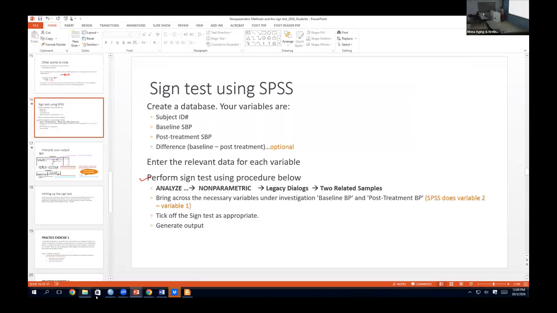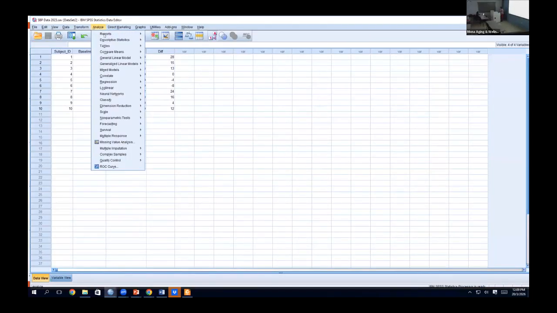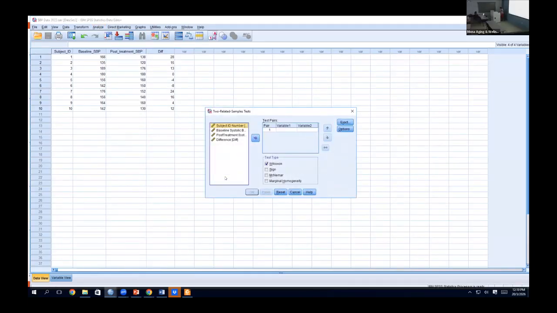Ready? All right, so we're going to go to analyze, non-parametric tests, legacy dialogues, two related samples. We're going to click on two related samples.